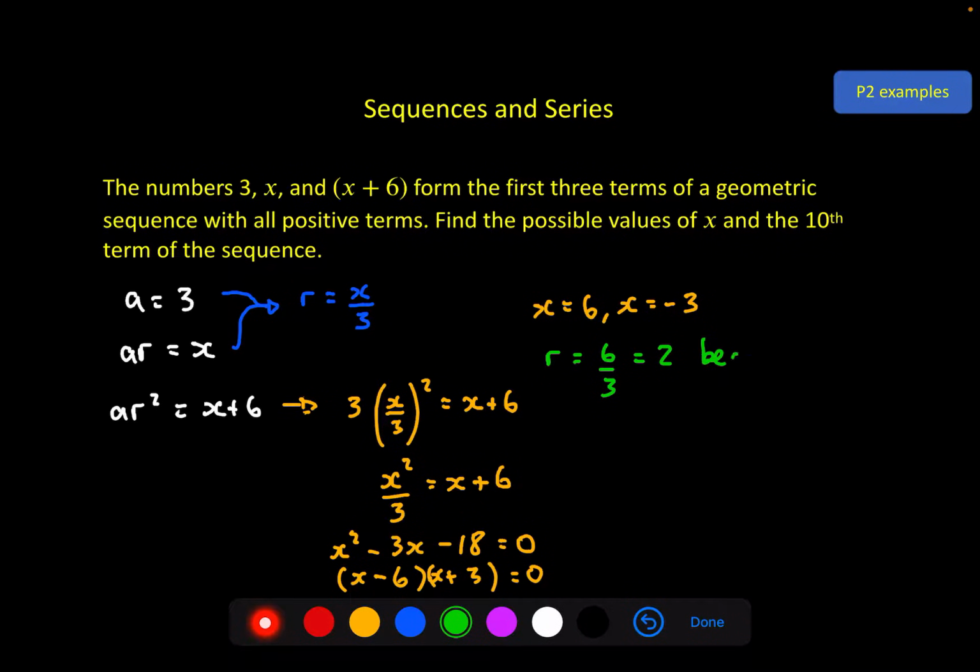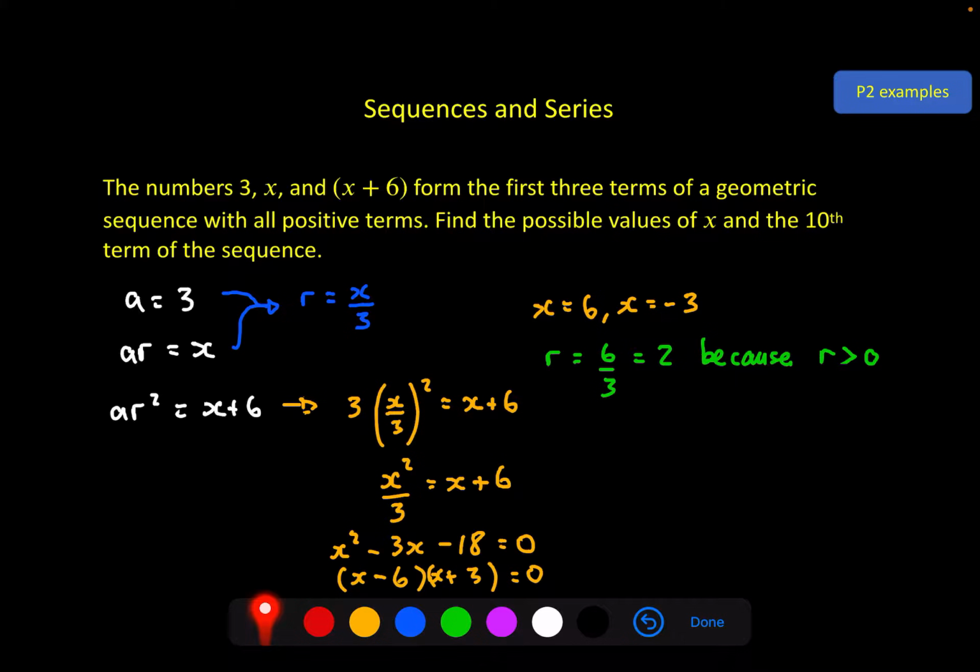And that's because r must be positive from the question. So if we used x is equal to -3, that would give us r is equal to -1, which contradicts what they told us. So although I guess from this point you could say there are two possible values, really there's only one that gives us the correct r value.